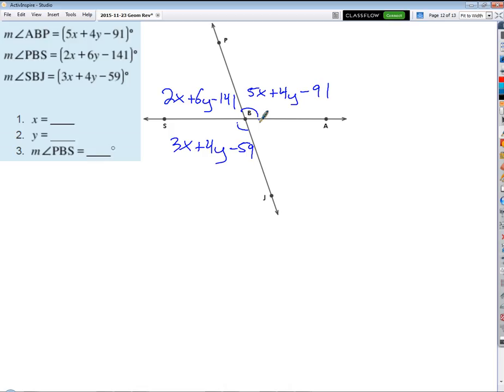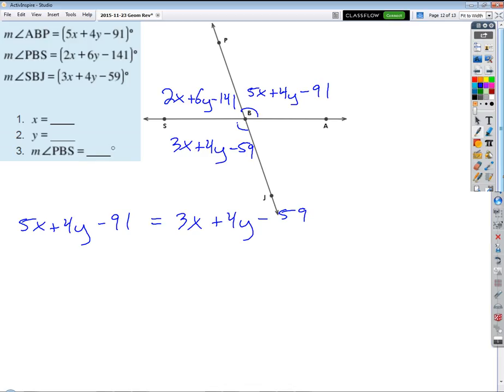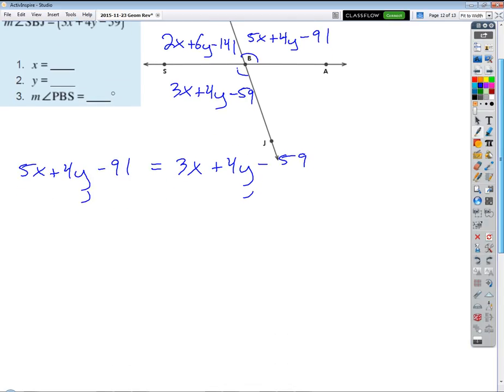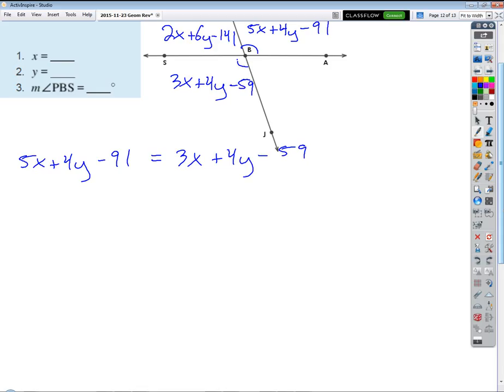So from that relationship, we get 5x plus 4y minus 91 is equal to 3x plus 4y minus 59, right? Okay, what do we want to do to this? Now, you've got to think back a little bit here.